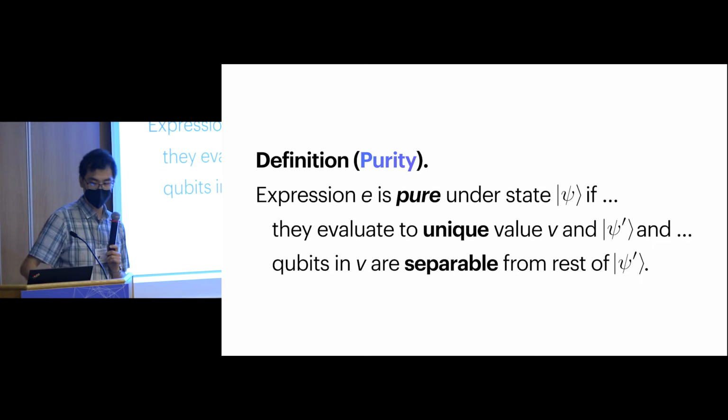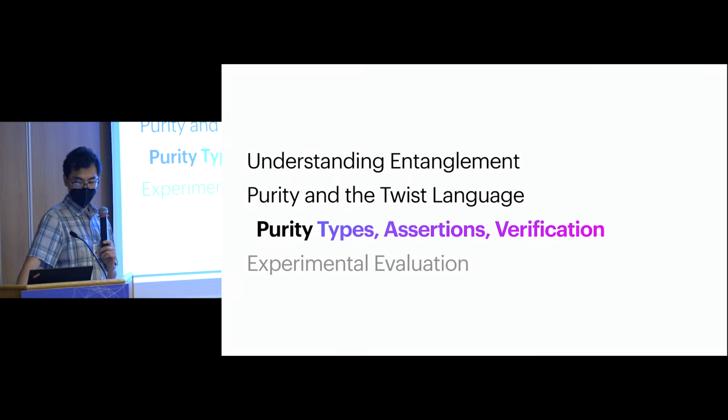Okay, so this is a formal definition. Let's try to give some intuition to it using the example again. So we're going to do that by analyzing how Twist actually incorporates purity into the type system, the assertion operators, and the verification analyses.